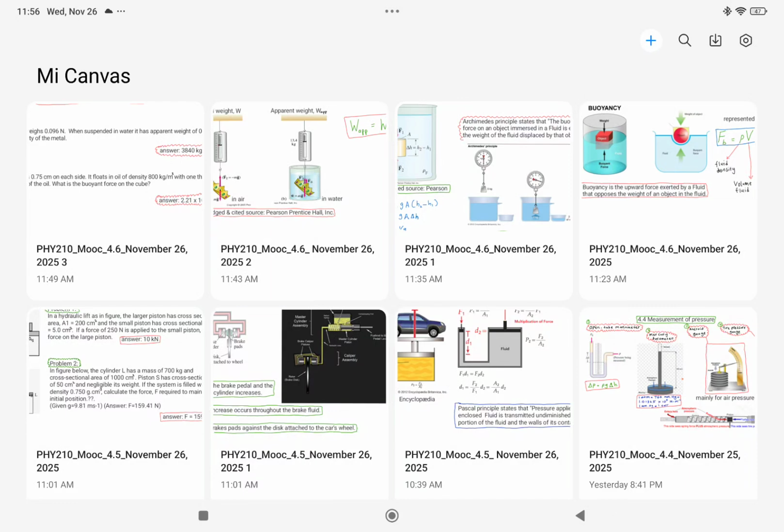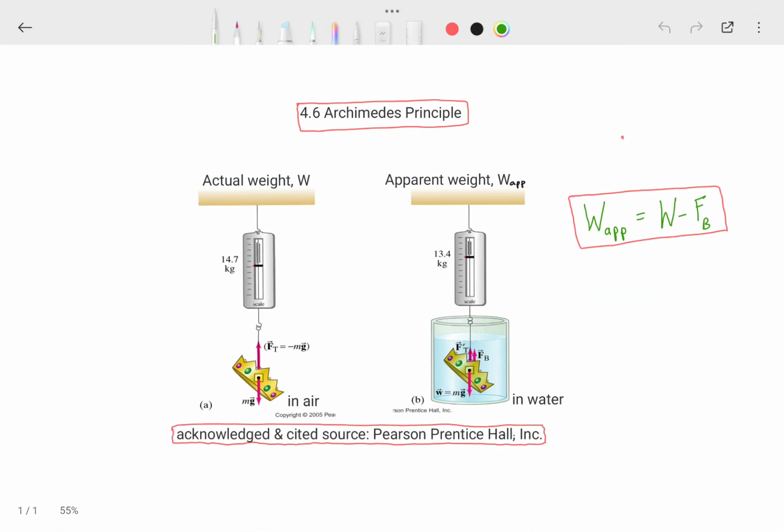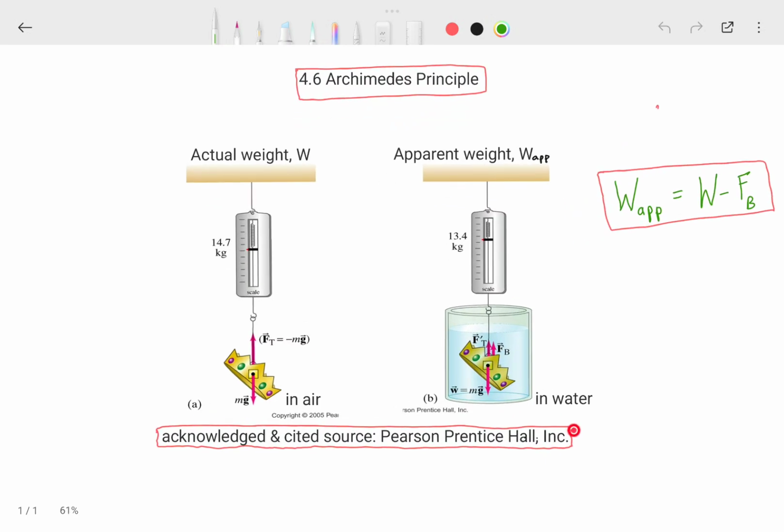Next, this is the Archimedes principle in another situation. If we look at these two diagrams, the first situation, diagram A, is in air, while the other situation, B, is in water. Both diagrams apply the Archimedes principle. We can see here, in air, the actual weight is 14.7 kilogram.